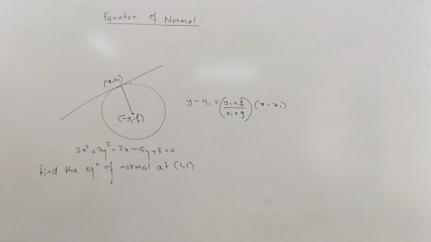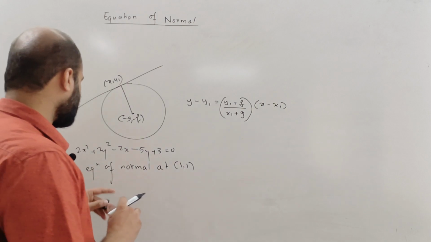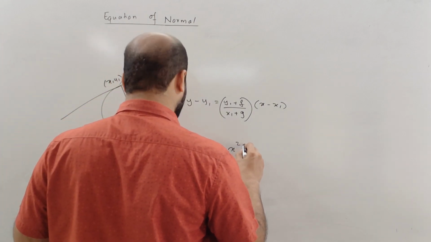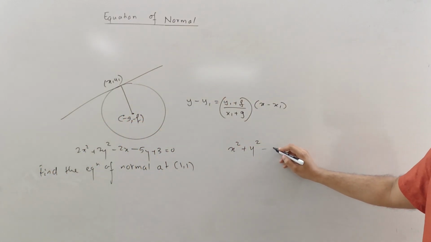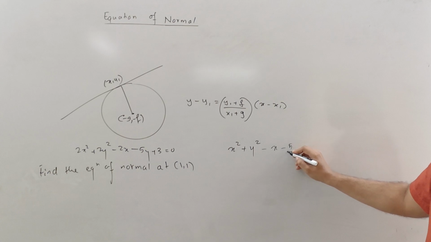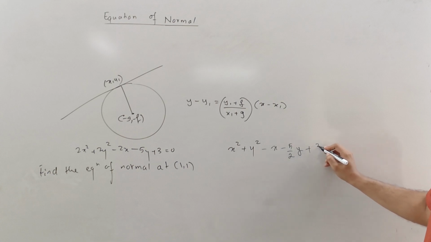So that's what is given to us. Clearly, I can now write the equation, but first of all, I have to rearrange this circle. So if I rearrange this circle, it will be x square plus y square minus x minus 5 by 2 y plus 3 by 2 equals to 0.